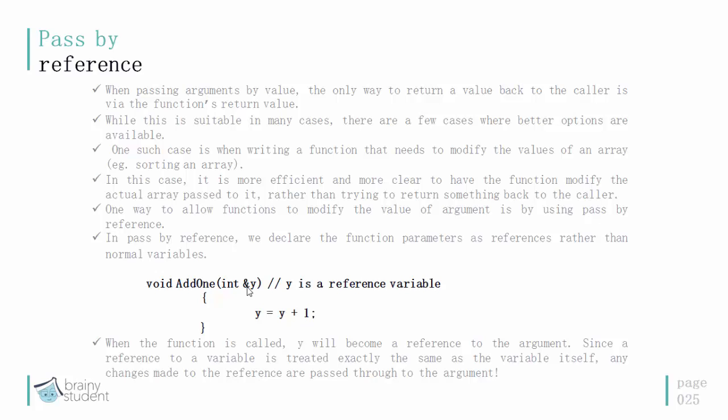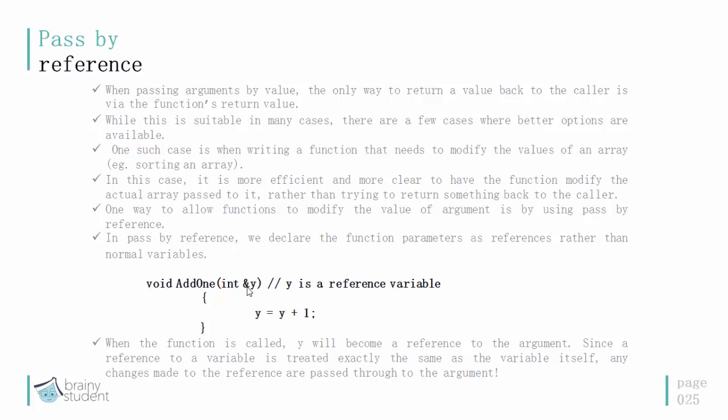Now for that we need the provision of reference. So in C++, to pass a parameter to a function by reference, when we pass an argument by reference, the formal argument in the function becomes an alias to the actual argument. It is similar to how we have a school name and a nickname.